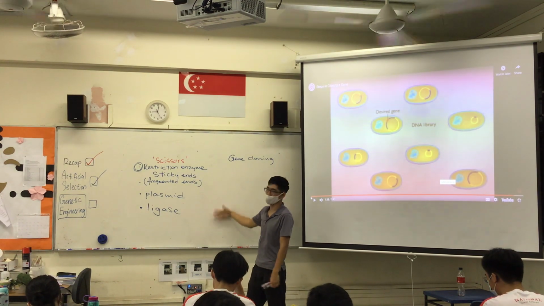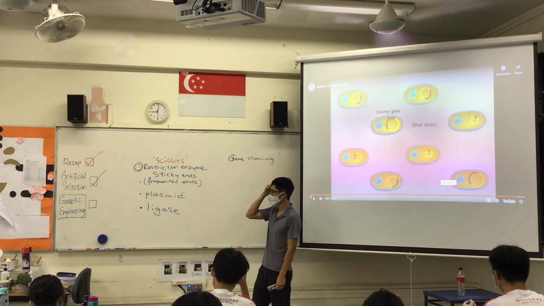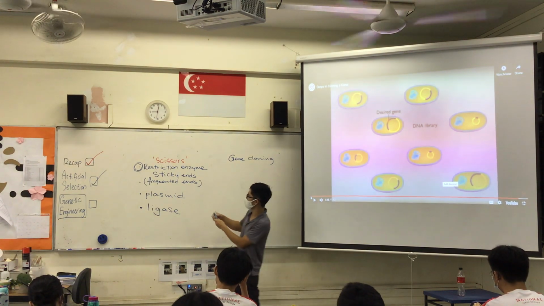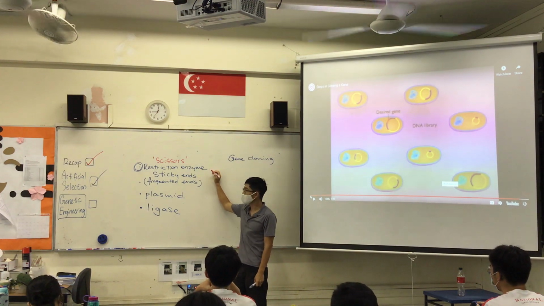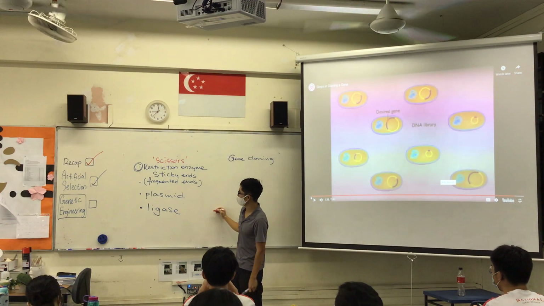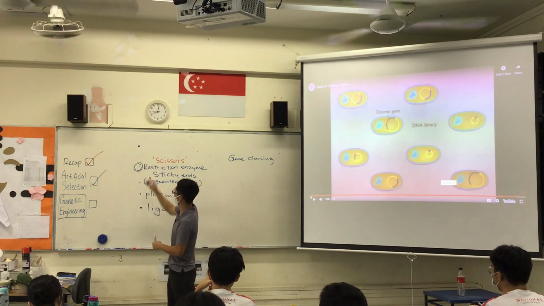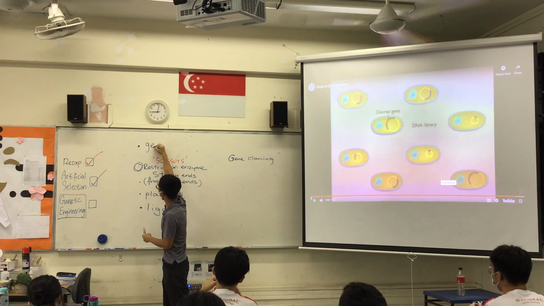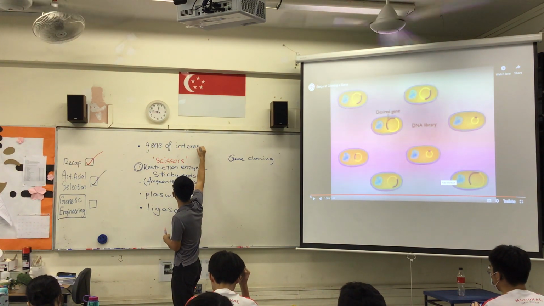These are the tools that are required to carry out genetic engineering. Number one, you heard that there are restriction enzymes. These are like scissors. Number two, you need a gene of interest, or they put here desired gene. I'm going to say gene of interest. This is what we want.